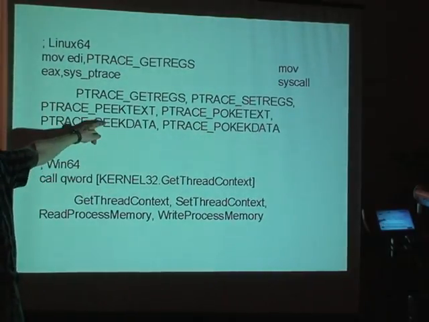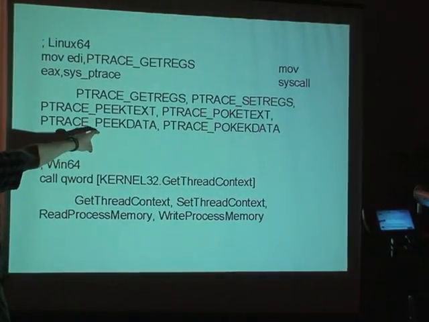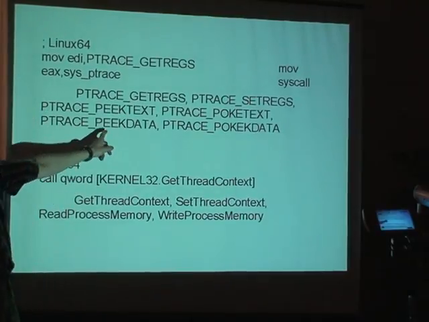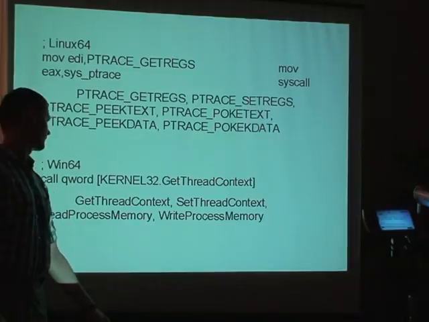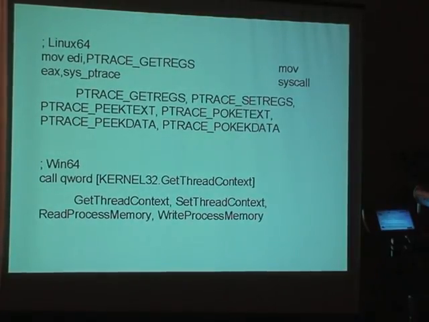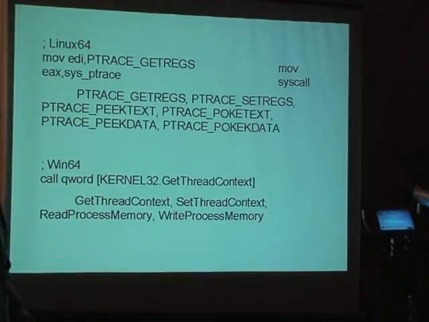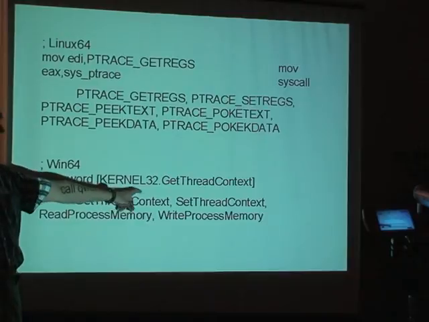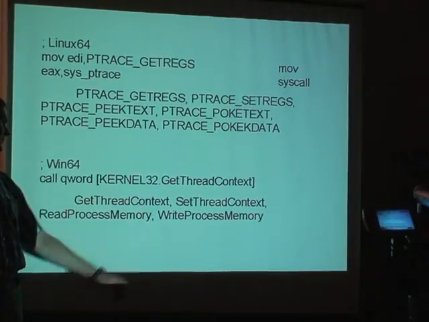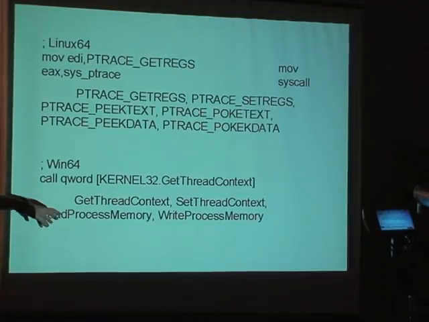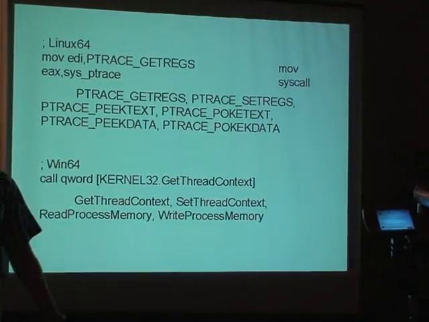You can use these two as another, there are also peek data and poke data. In Windows, you can use this advanced API, kernel32: GetThreadContext, SetThreadContext, ReadProcessMemory, WriteProcessMemory.